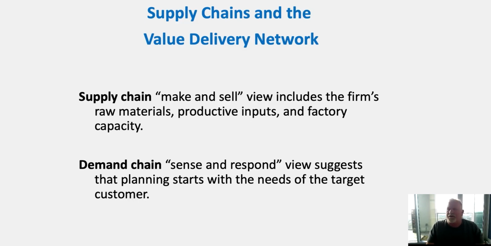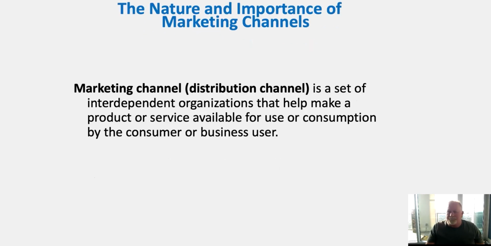That's what we call the demand chain. So we have a supply chain where that information and products are supplied, and a demand chain downstream where the demand is produced for those products to be able to fulfill that demand. These are two viewpoints we look at from the supply and value delivery network.